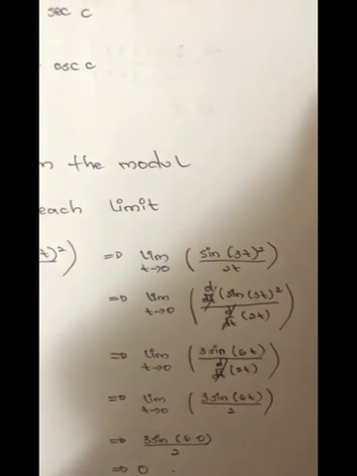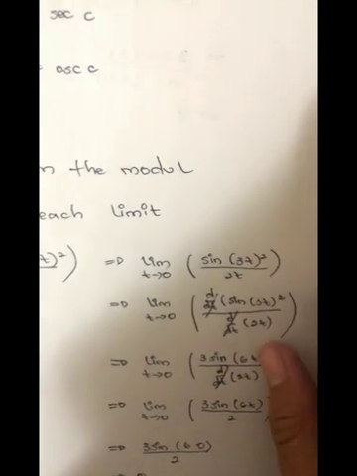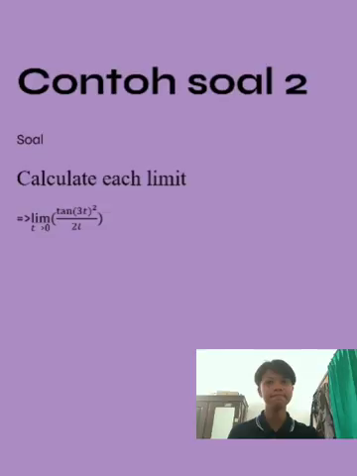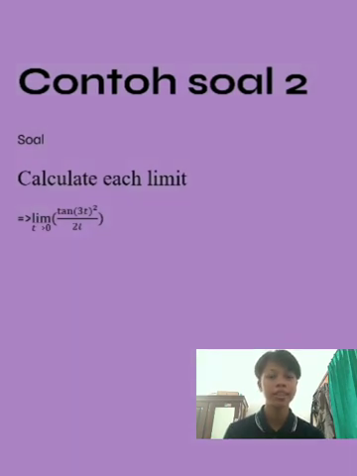What can make you understand more? We can try another example from the reference. Calculate its limit as t approaches 0 of tan 3t squared over 2t.